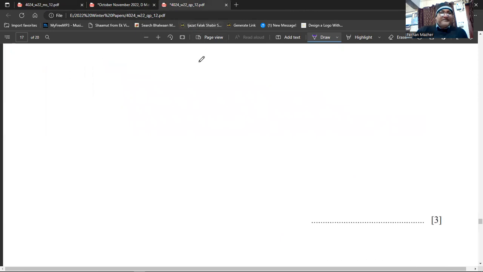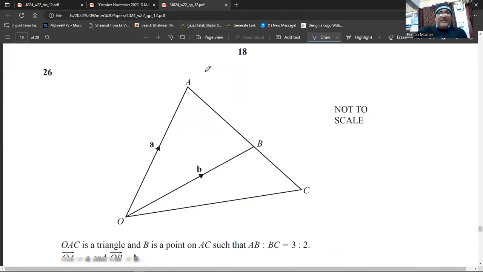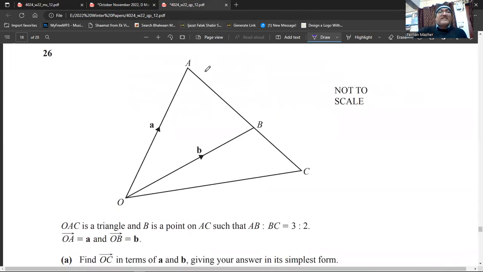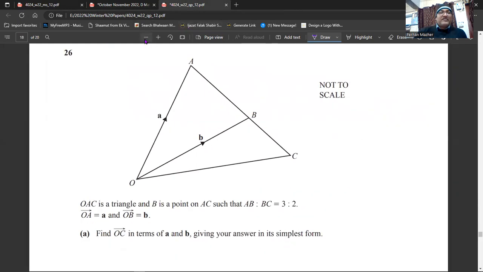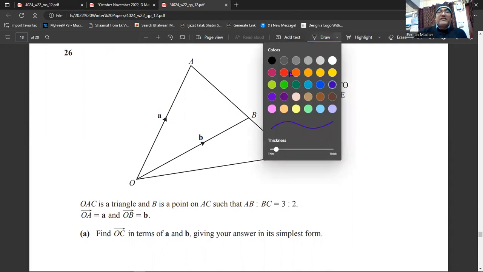Okay, my dears, we are going to the next question, question number 26. He says, OAC is a triangle and B is a point on AC such that the ratio AB to BC is 3:2. So basically this is a ratio, not the actual value.